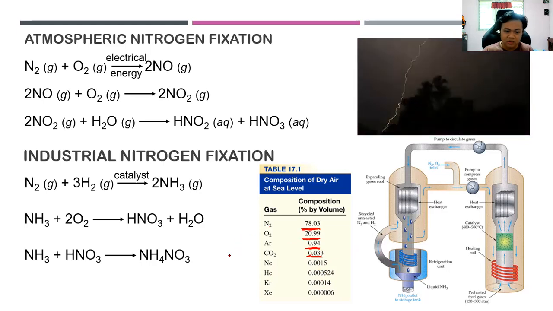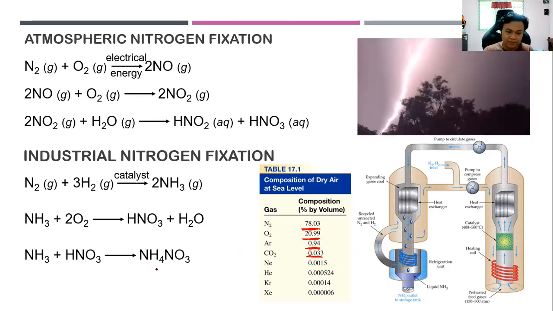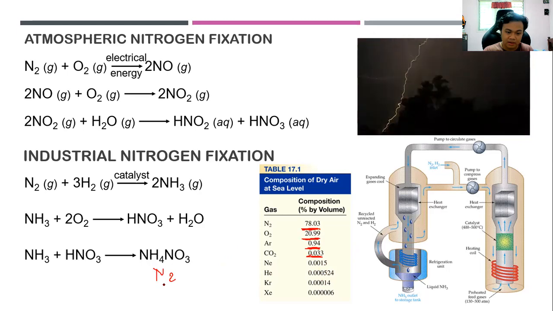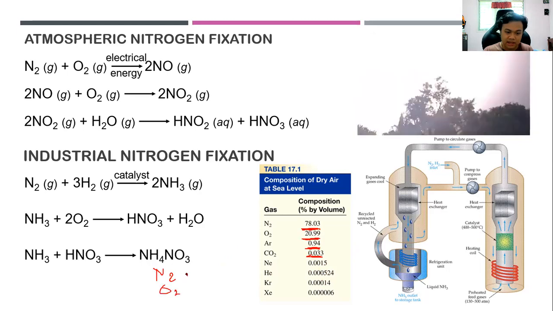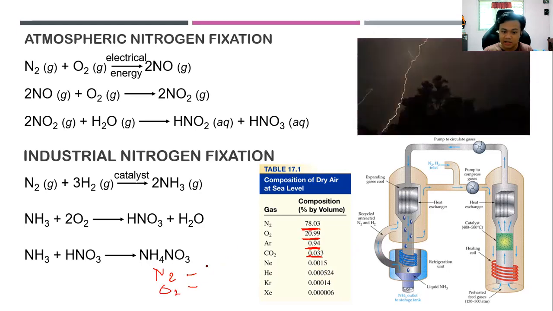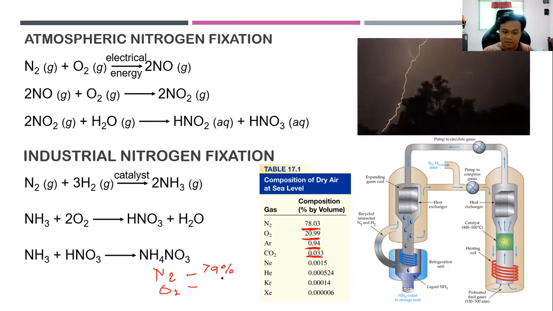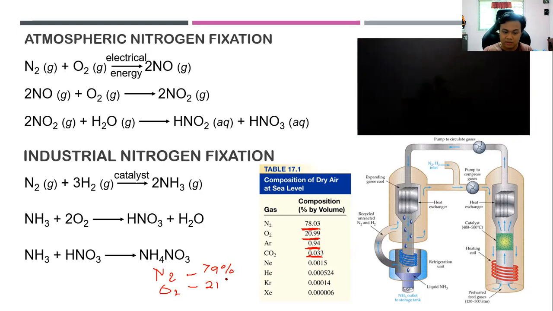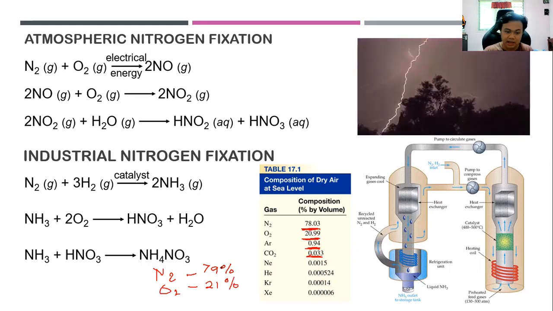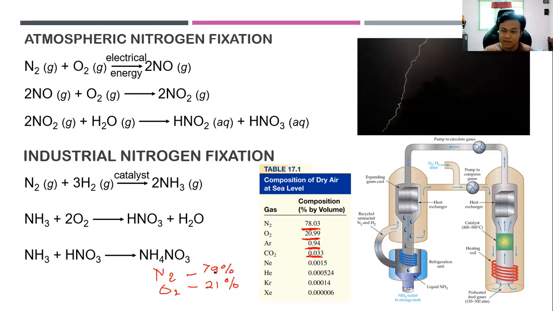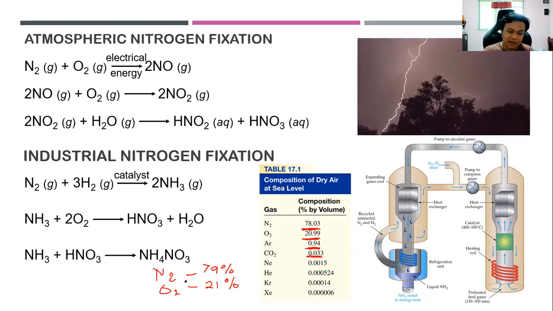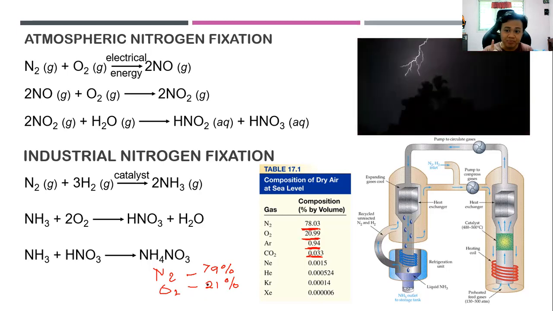What you will study now is that in chemical engineering calculations, we designate the percent abundance of nitrogen in the atmosphere as 79% and oxygen 21%.